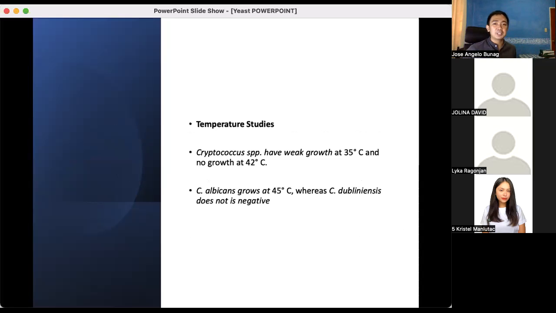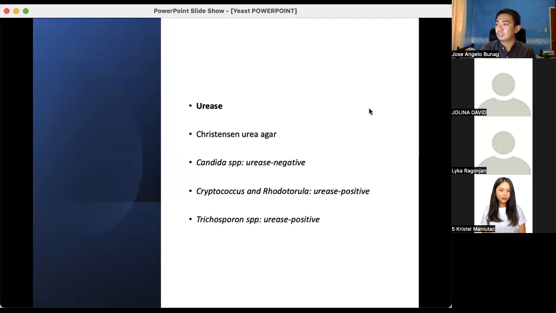Mga Candida albicans natin, tumutubo at 45 degrees Celsius, whereas your Candida dubliniensis does not grow at 45 degrees Celsius. So, temperature studies.